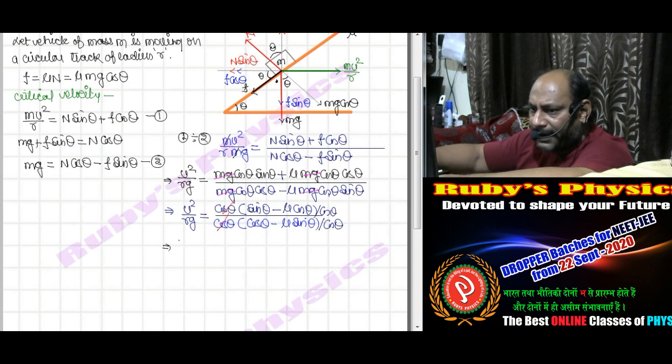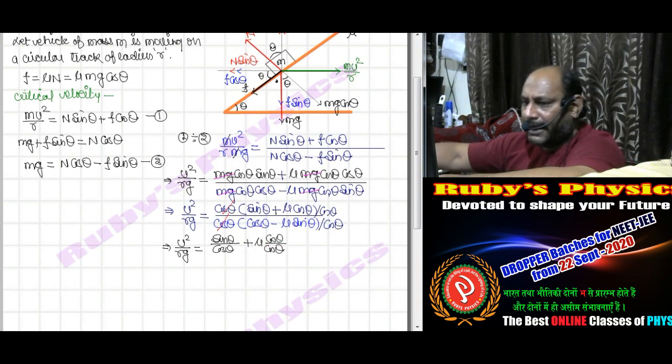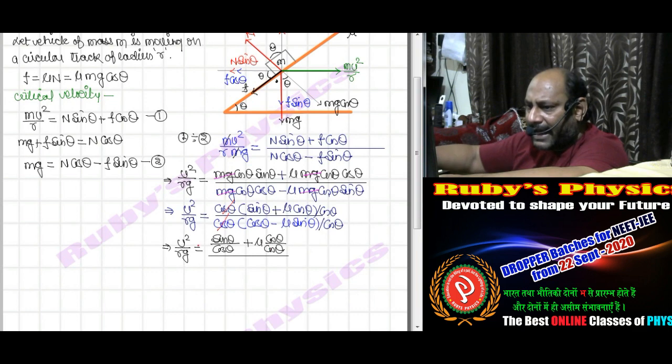Can I write from here that v square upon rg will be equal to sin theta, first term, upon cos theta, and plus mu, and it is cos theta by cos theta, and in the denominator, if again I take cos theta inside, can I write it is cos theta by cos theta minus mu, and it is sin theta by cos theta.